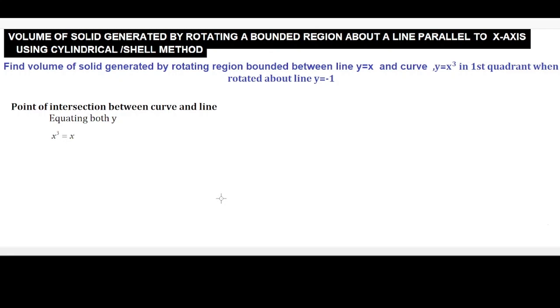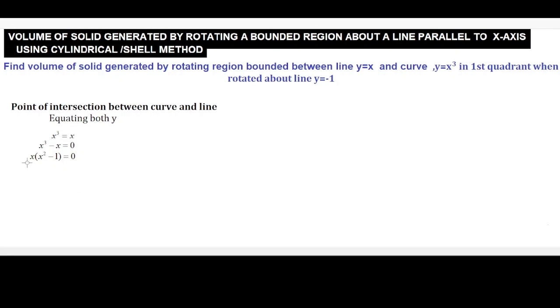Now you have to solve this for x. So take them on the same side, which gives us x cube minus x is equal to 0. If we take x common from both terms, we get x into x square minus 1 is equal to 0.